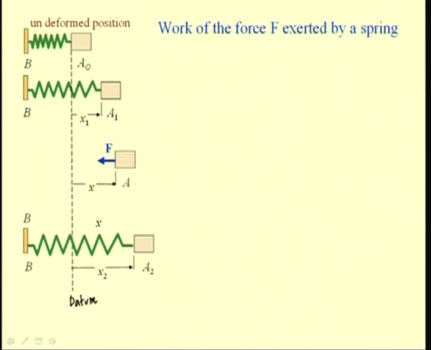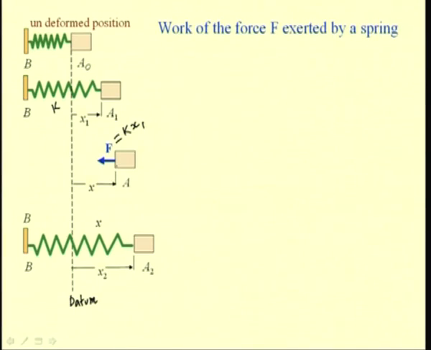If we consider the free body diagram of this block, then this F represents the spring force. If we have K as the spring constant, then F is equal to K times x1, or the displacement. This is the spring force that acts on this body for any position, say x.